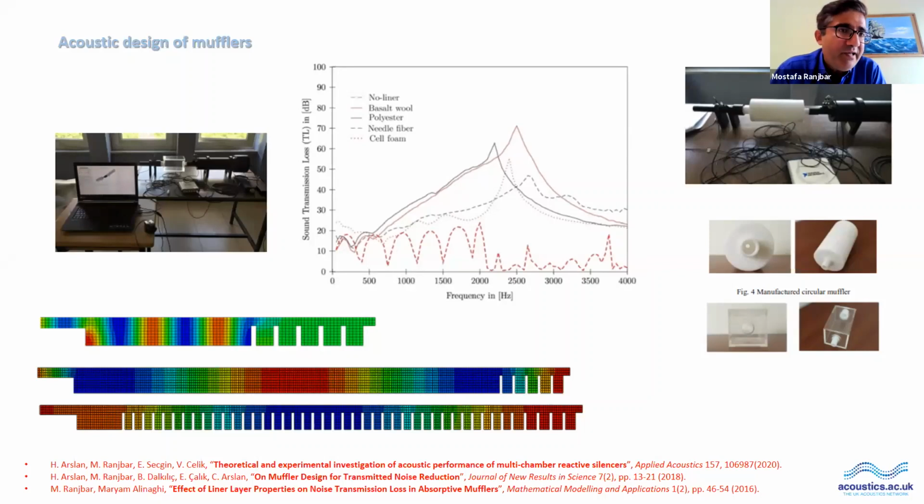I also had a couple of master students. One of them worked on the effect of absorptive material on the reduction of radiated noise. We used different materials, and you can see that using absorptive material you can increase the sound transmission loss in the higher frequency range.